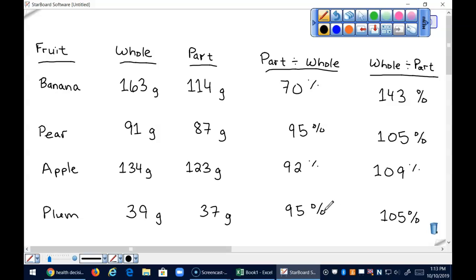I want to have 5 pounds of banana in my banana bread. If I go to the store, how much more do I need to buy so that after I peel them, I still have the 5 pounds? I need to buy 143% of what the recipe says. So these are both meaningful, good, real-life numbers.